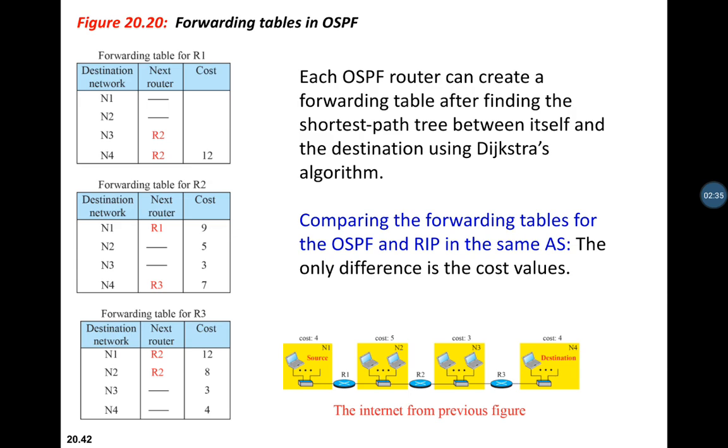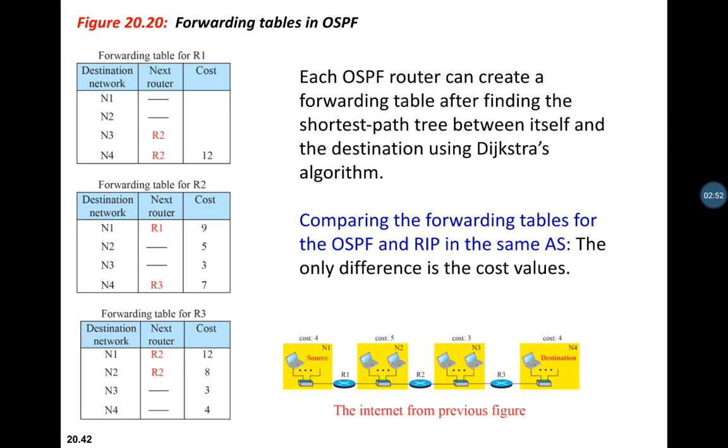Comparing the forwarding tables here, the only difference is the cost values. For the same figure, the internet example, we can see the forwarding table here.